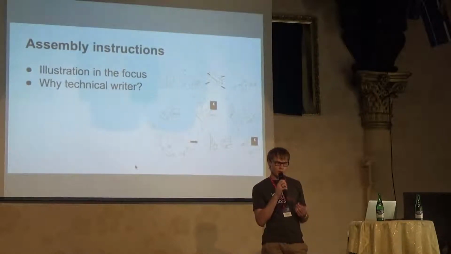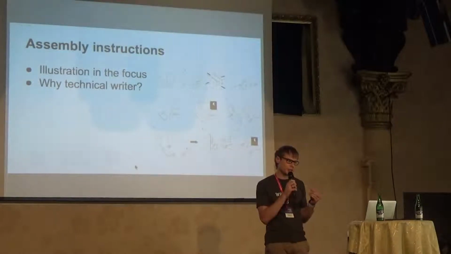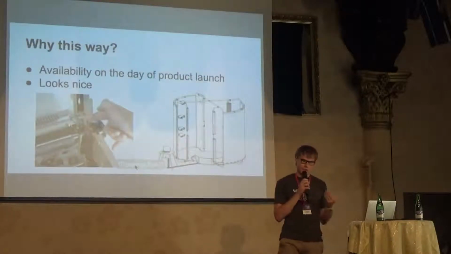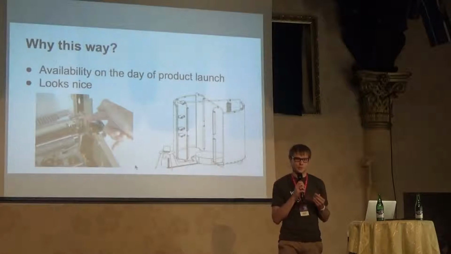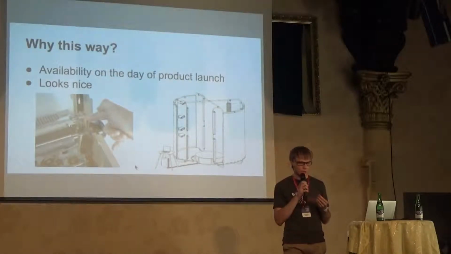When our company decided to develop a new product, it is needed to get assembly instructions on the day of the product launch. So we can't use photos like this. We just need to use special tools.